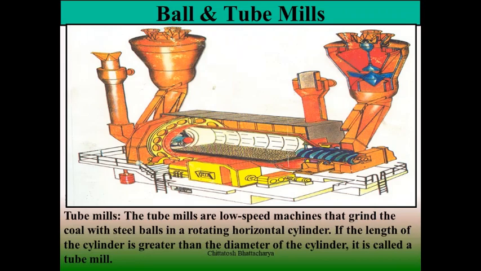Now, this pulverized coal along with the hot PA supplied inside the drum or tube mill is taken out and sent to a classified zone. In the classified zone, it gets classified according to the size of the pulverized coal particles.